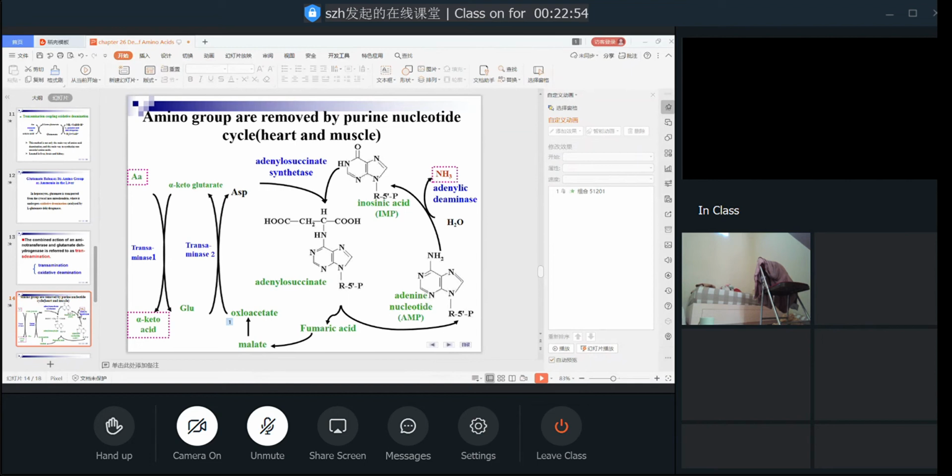In the heart, transaminase 1 produces the glutamate, and transaminase 2 produces the aspartate. And furthermore, adenylosuccinate synthetase catalyzes one molecule of inosinic acid with one molecule of aspartate, and you can see it produces adenylosuccinate.